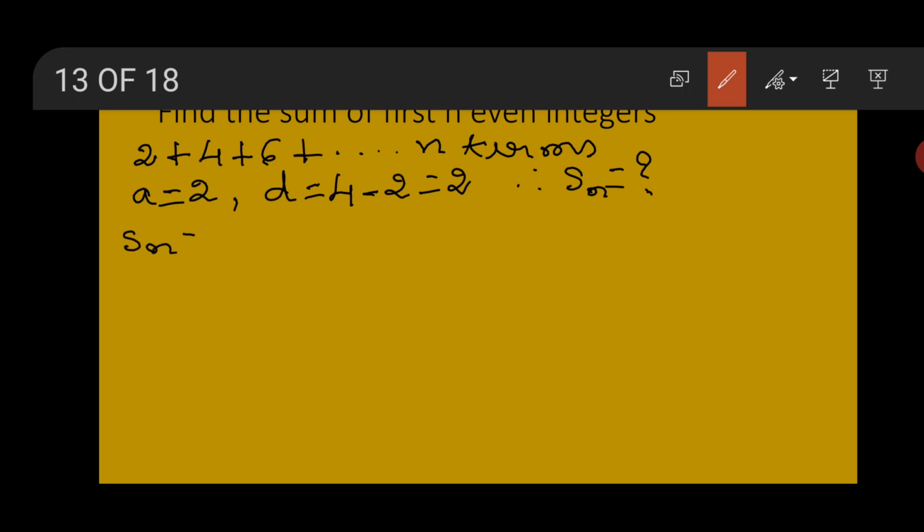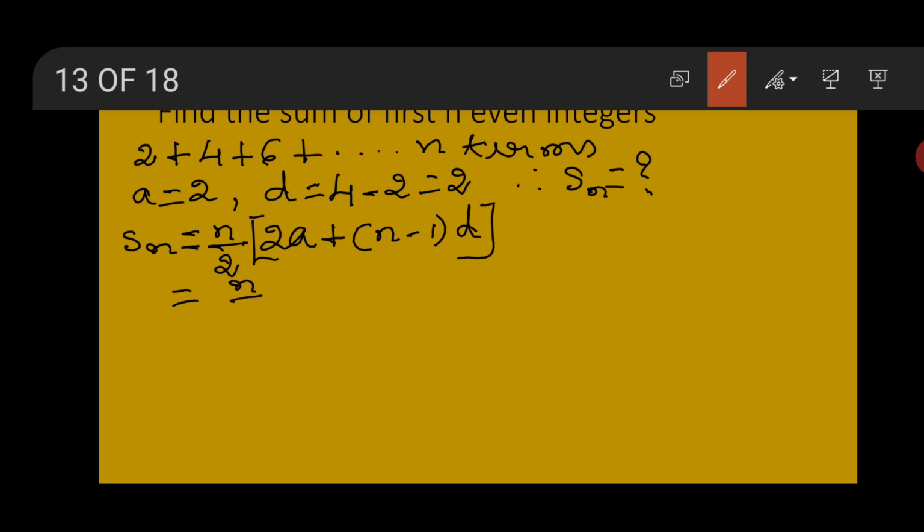What is the formula to find the sum of first n natural numbers or n even integers or n terms? Sn is equal to n by 2 into 2a plus n minus 1 into d.